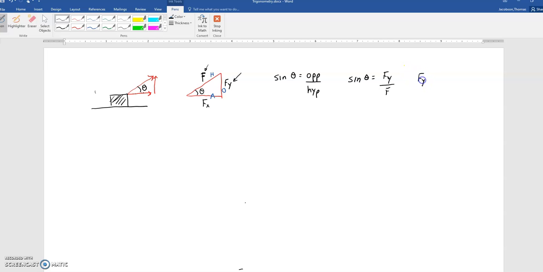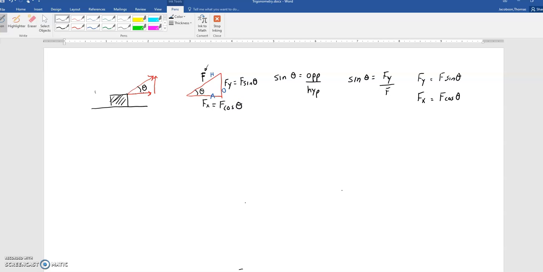So F sub y is going to equal F times the sine of theta. So this leg is equal to F sine theta. And I could do that with cosine, and I would get F sub x equals F cosine theta. So this right here would be F cosine theta.